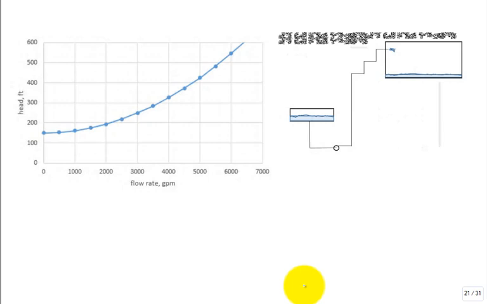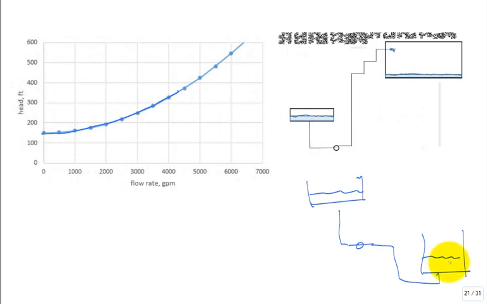So this is a plot of that curve. What happens if I take the pump right here and I'm trying to draw it out of this tank and I want to pump it into this tank? I'm trying to take it from 1 and move it to 2. Can you tell what's different? And how would it change my system curve? This is a system curve.